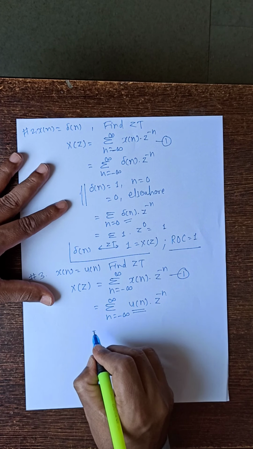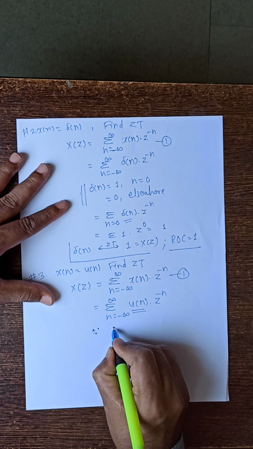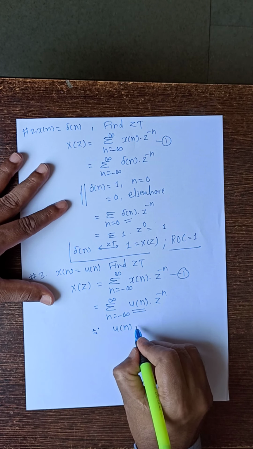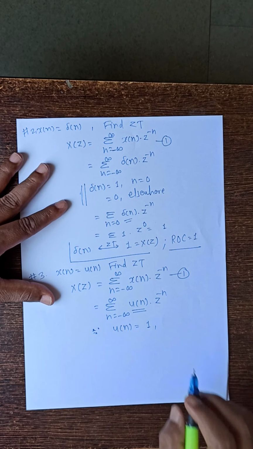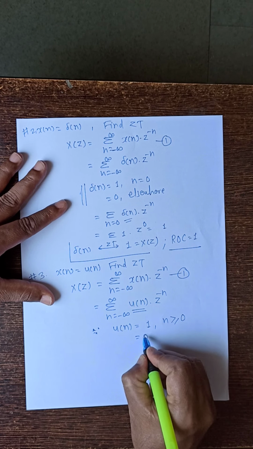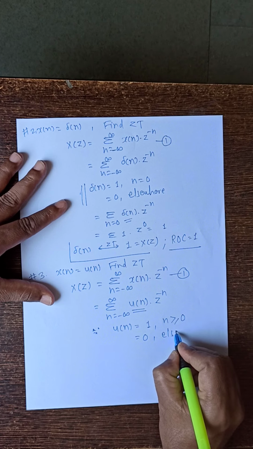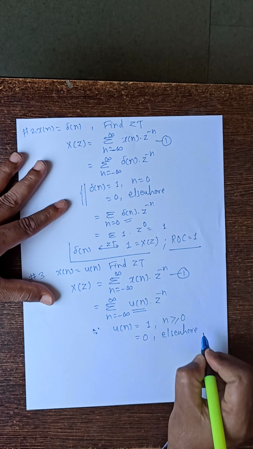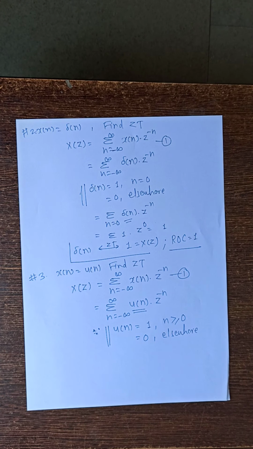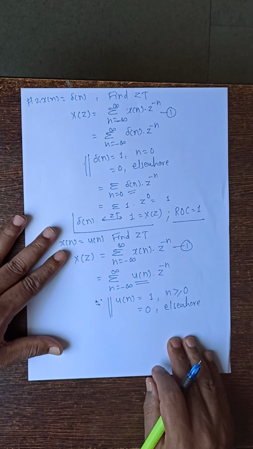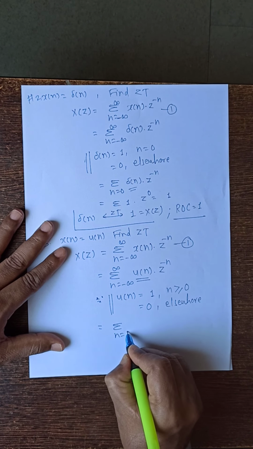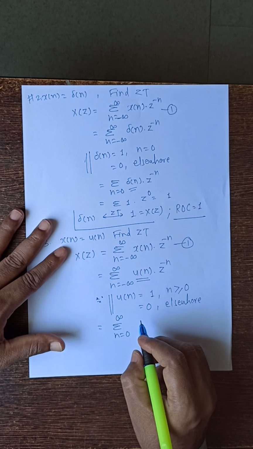So u of n we can remove, since u of n is equal to 1 for the values of n greater than or equal to 0, and equal to 0 elsewhere. Okay. So we can remove the u(n) from the representation, and represent this as summation n equals 0 to infinity.